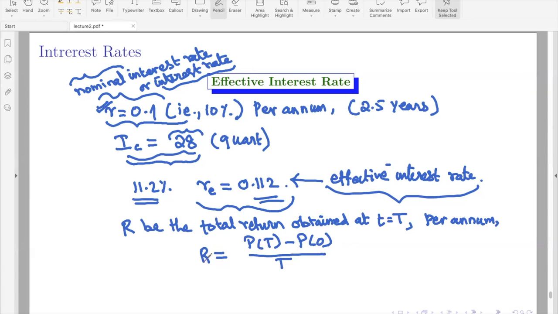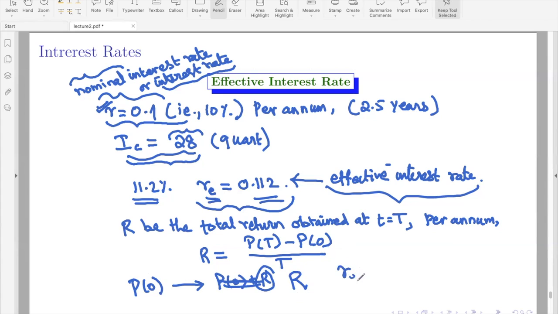You have given P of 0 as your capital, that is the principal initial amount, and you got back P of 0 plus R. So the return is therefore R. The profit you got out of this is R.